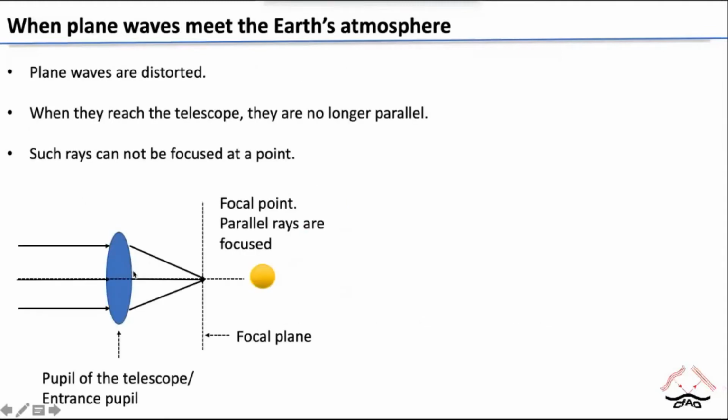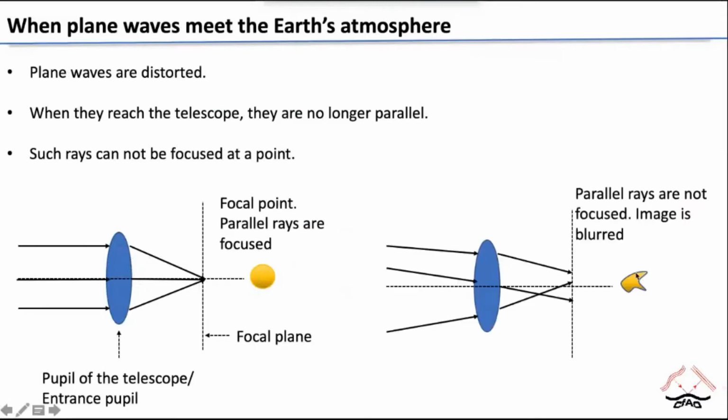Normally, if you didn't have an Earth atmosphere and you took an image of a star, what you should see is a point source. But what you see is a blob of light. We don't really see a nice round image of a star, like a nice PSF. Because of the Earth's atmosphere, all the wavefronts are distorted, and what we see on our detector is just a big blob of light.